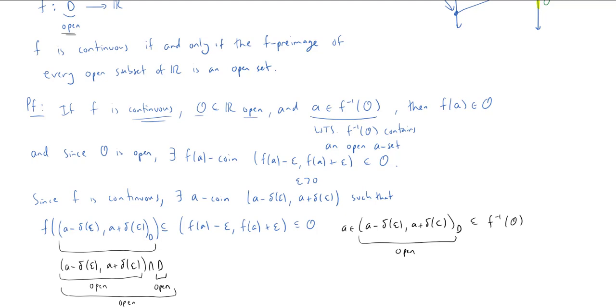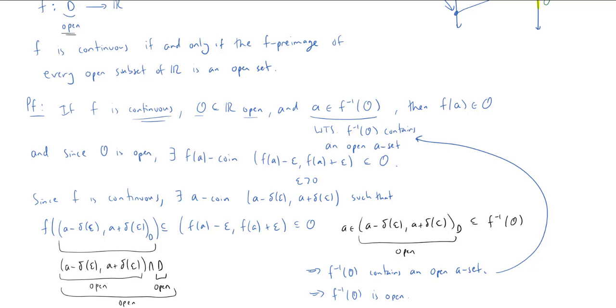And so this implies that the preimage of O contains an open a set. And, well, you look up above. That's exactly what we were trying to prove. Okay, this shows now, since this was for any a in the preimage of O, that the preimage of O is open. Okay, so this proves if you have a continuous function, then the f preimage of every open subset is an open set.